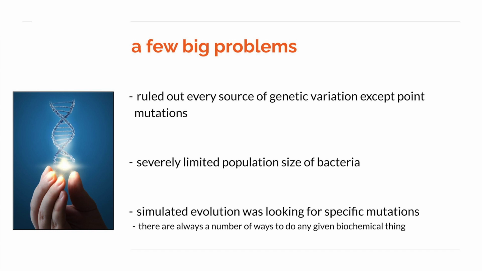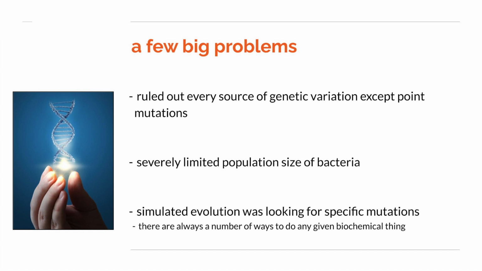For example, swapping, recombination, sexual processes. The reason for this was presumably to make it as difficult as possible for their simulated evolution to do anything, as opposed to evolution in the real world. Secondly, they limited their population size of simulated bacteria to a fraction of what you could find in my yard.